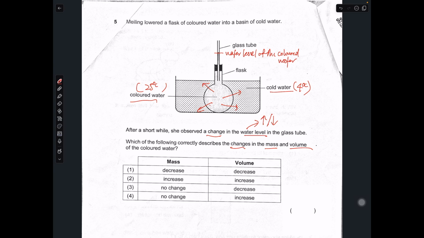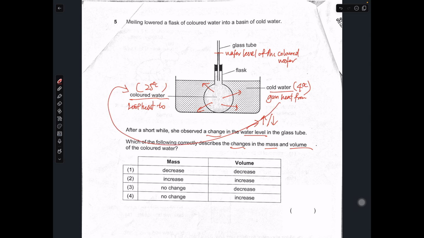Over here, you can see that the colored water will probably lose heat to the cold water, because the cold water gains heat from the colored water.